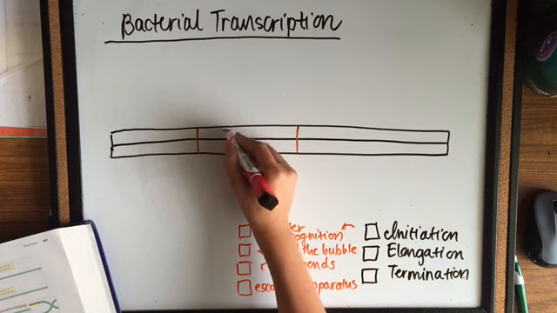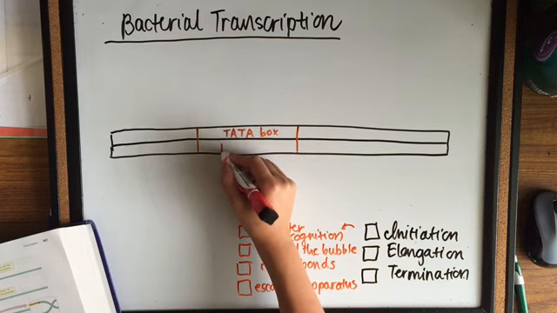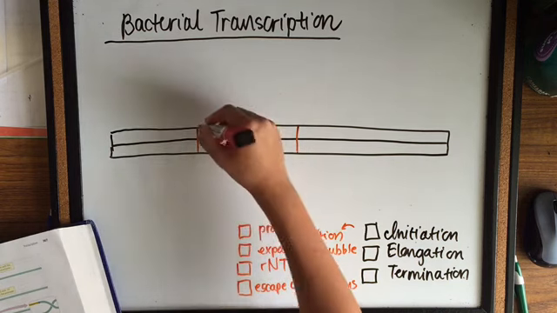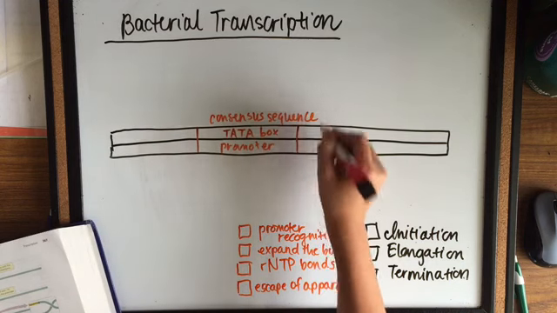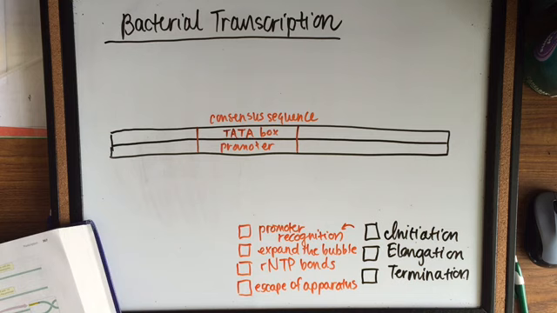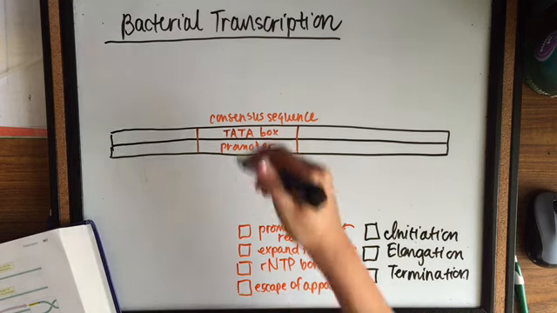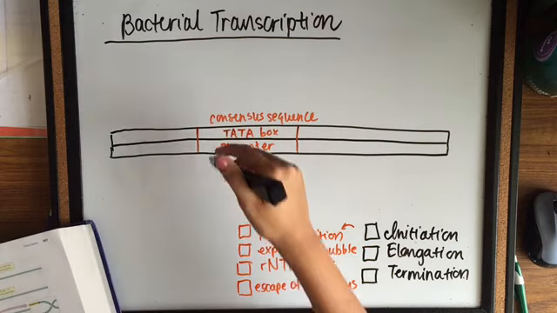So bacterial transcription has a TATA box, and the TATA box is on the promoter. It's actually a consensus sequence, which is basically just a short stretch of common nucleotides where the RNA polymerase can recognize that region and bind to it.